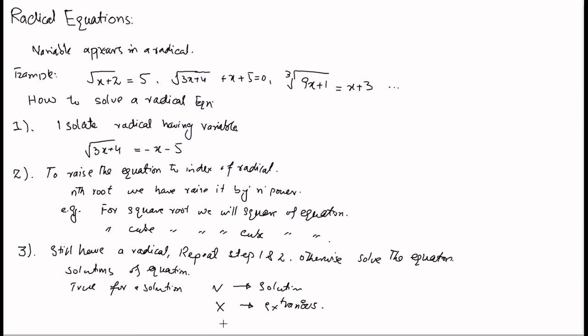Now types of radical equation, we have three types. Type 1: we have a single radical in the equation that is of the form square root of ax plus b is equal to cx plus d.